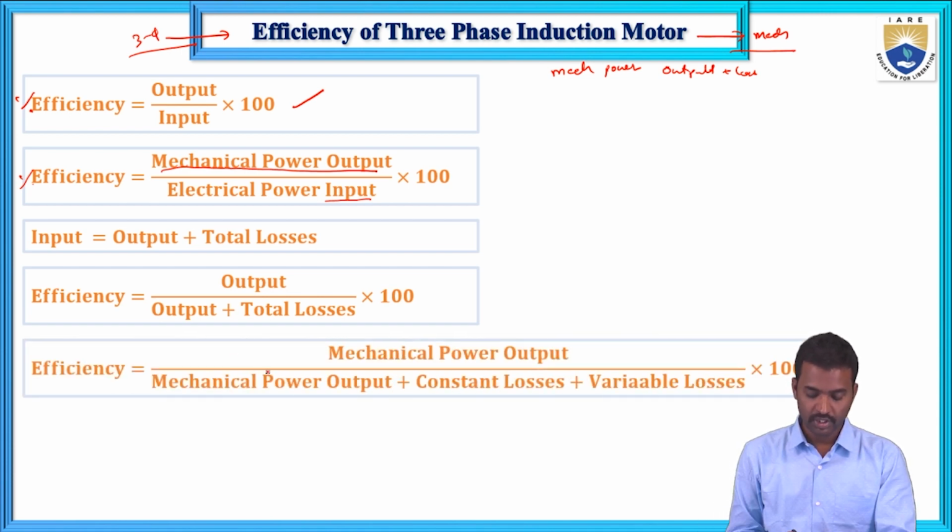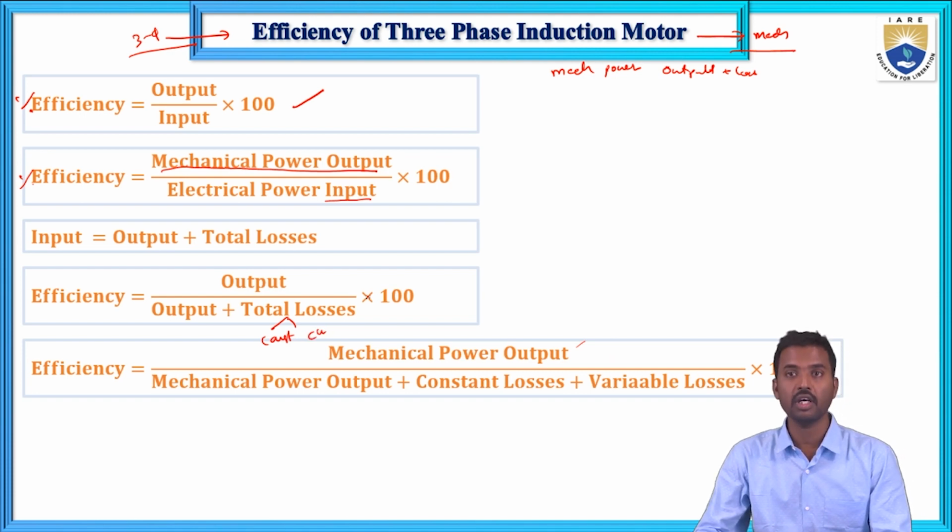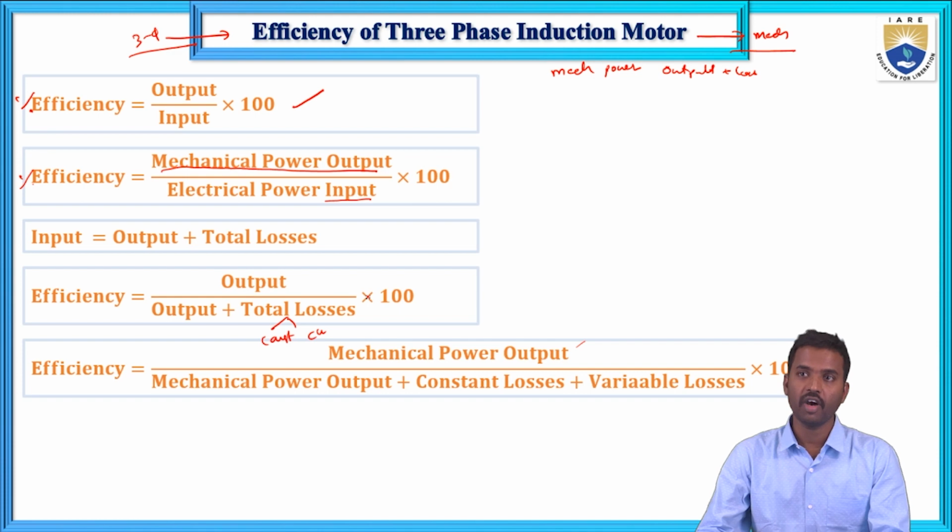Now efficiency equals mechanical power output divided by mechanical power output plus losses, that is, constant losses plus copper losses, which are the variable losses.